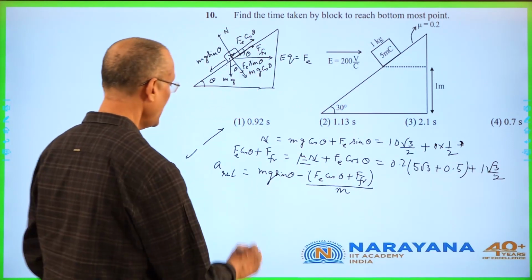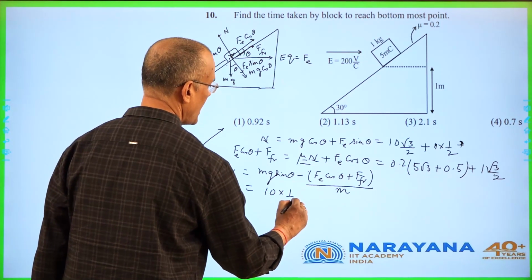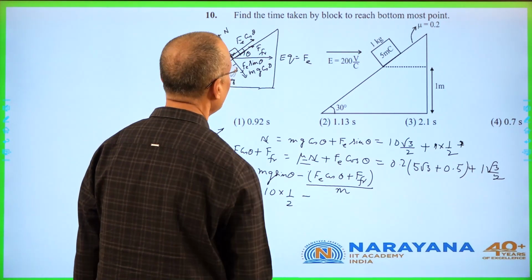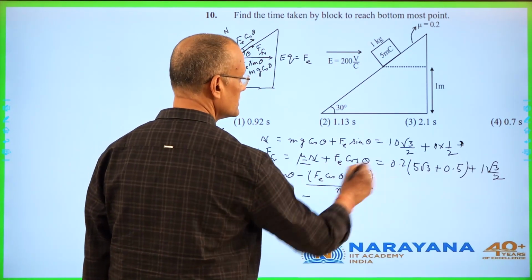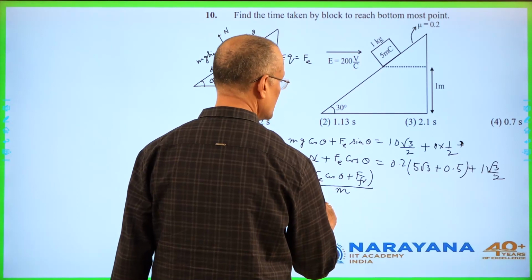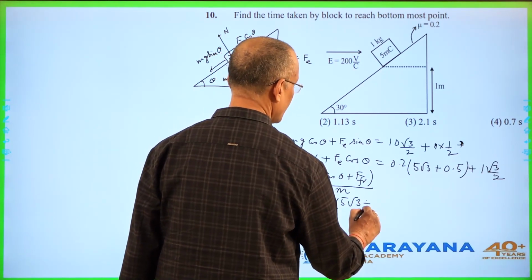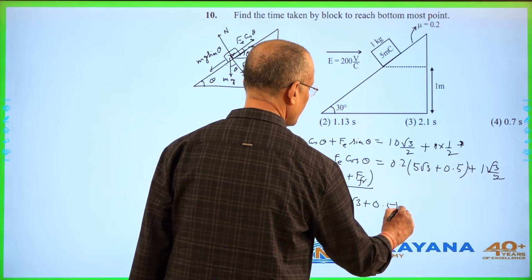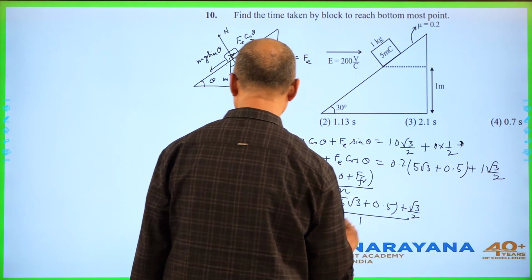Okay, so A net will be 10 sin theta, half, minus, m is already given as 1, Fe cos theta plus this one which is already here, 0.2 into (5 root 3 plus 0.5) plus root 3 by 2, by 1.